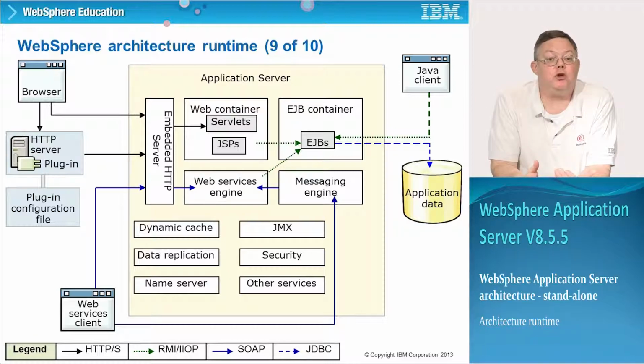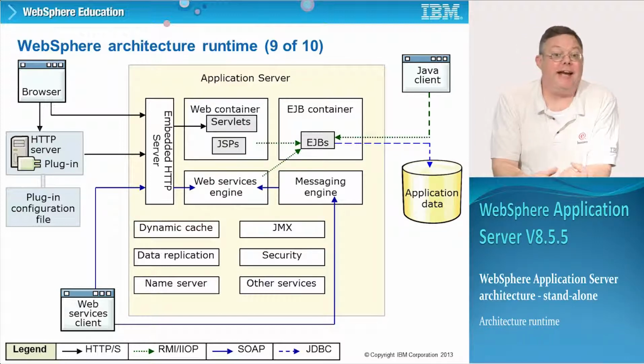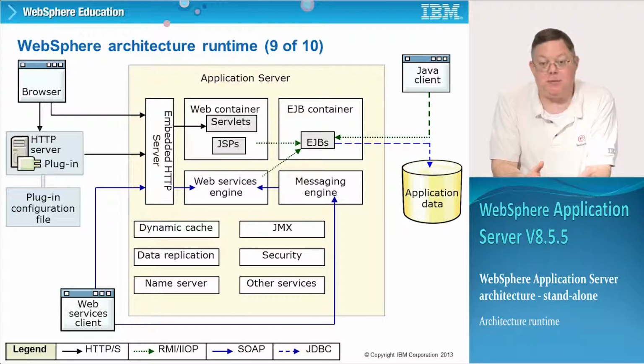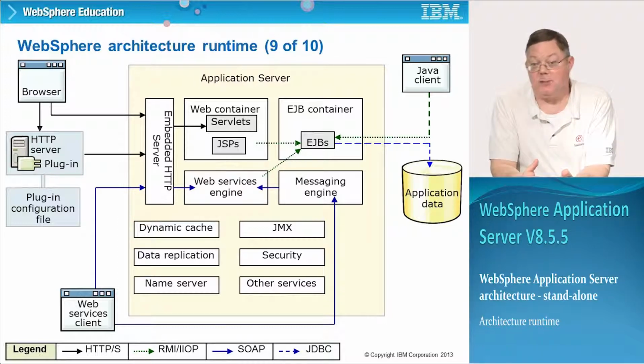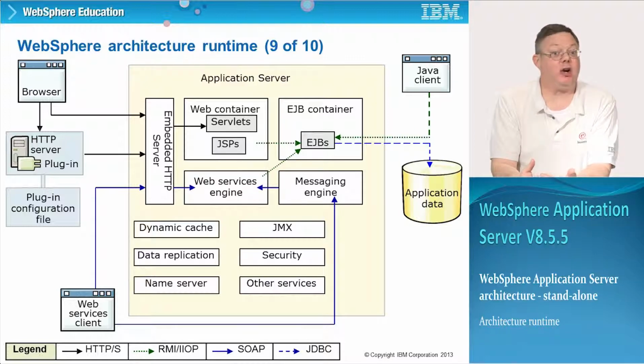Well, to do that, we would use the web services client. So literally an application that actually has a web service client jar for a specific web service installed, and it will make that request via HTTP usually, and it will have to go through the same stack through, in this case, the web services engine, which will map the web service and the protocol it's using to the specific implementation of a service. We would call this like an early version of an enterprise service bus.